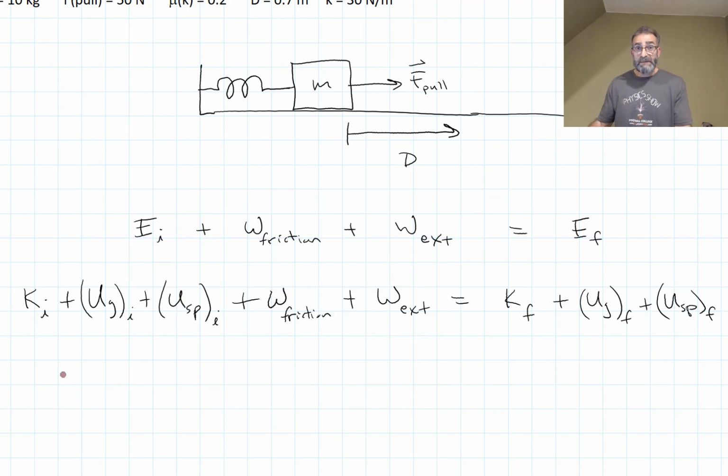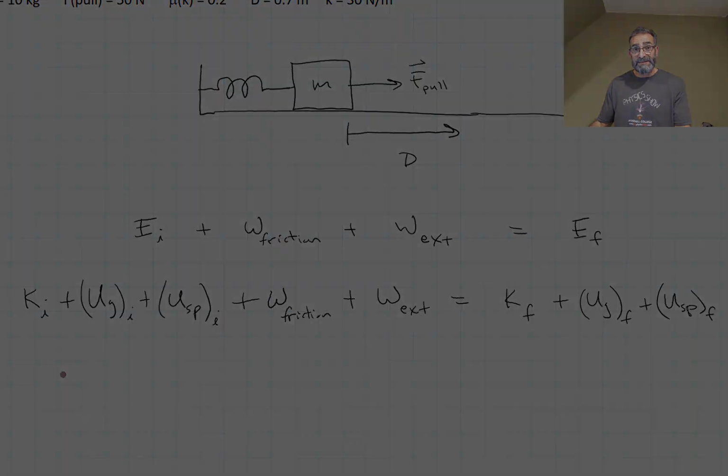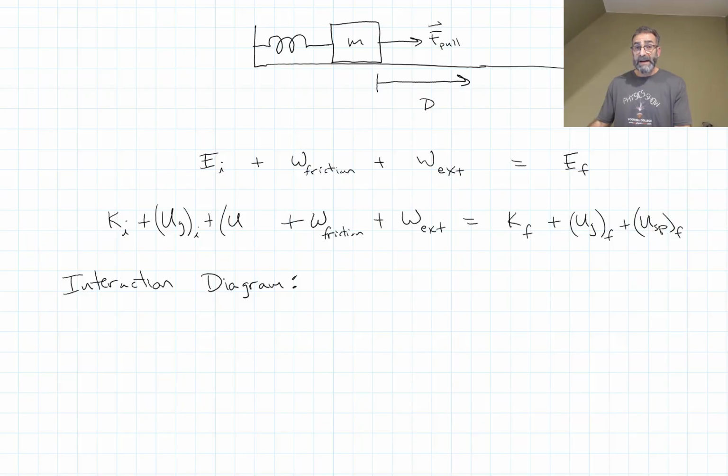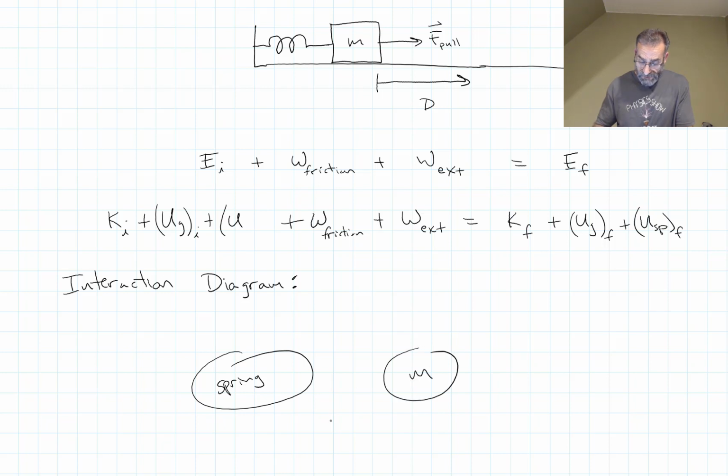We're going to use an interaction diagram to help us figure out what's in our system and what isn't. When we draw an interaction diagram, we want to indicate every item that's important in our problem. So I'll put a bubble here and fill in spring. I've got the mass.